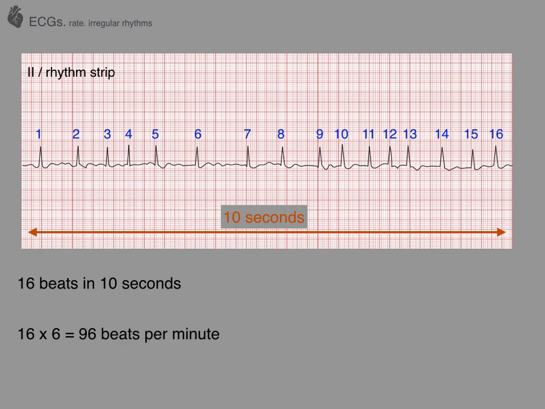Therefore, with an ECG with an irregular rhythm, if you count across your rhythm strip the number of complexes, so that's the number of complexes in 10 seconds, you can then simply multiply this by 6 to give you the number of beats per minute.